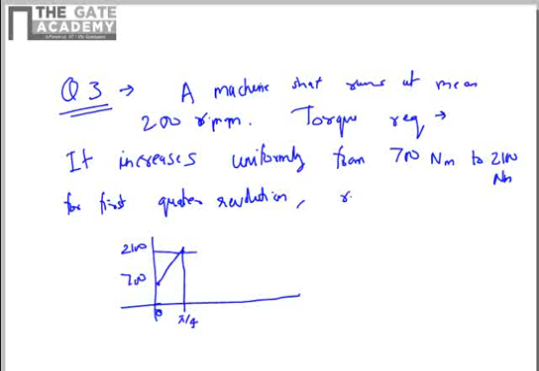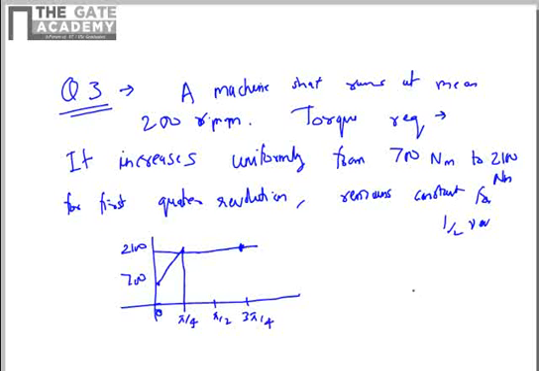Then it remains constant for half revolution. That means half revolution is pi by 2. So pi by 4 to 3 pi by 4, it remains constant.